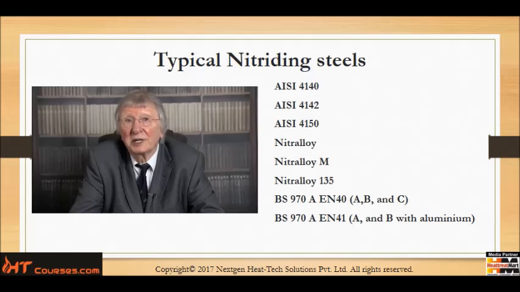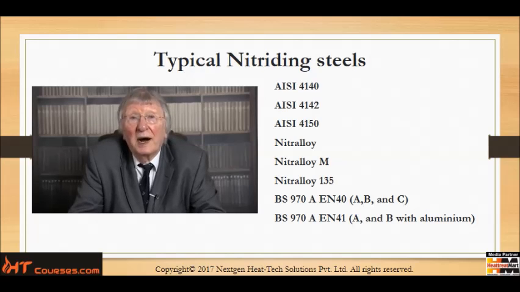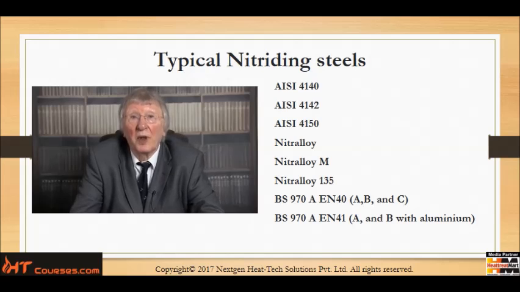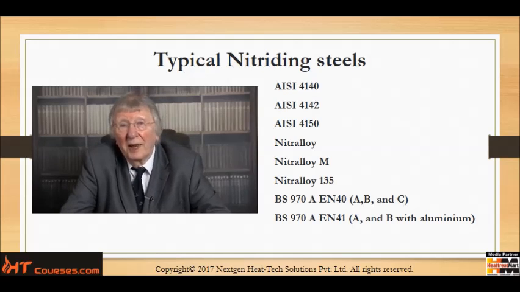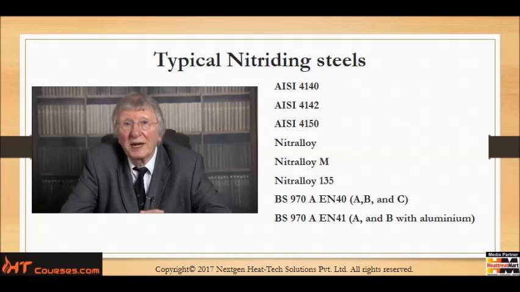Typical nitriding steels. AISI 4140 was originally designed and developed as a nitriding steel. So AISI 4140 will nitride quite nicely. Remember, and not everyone recognizes this, the number of alloying elements contained in a nitriding steel, particularly those that will interact with nitrogen, will form stable nitrides.